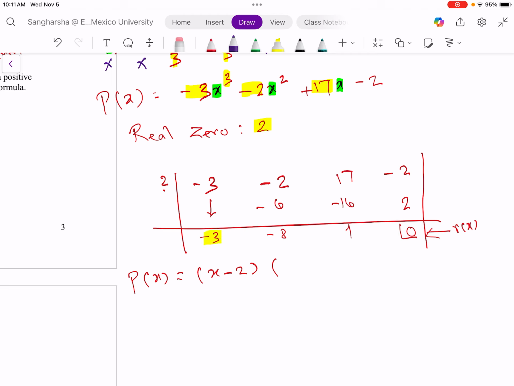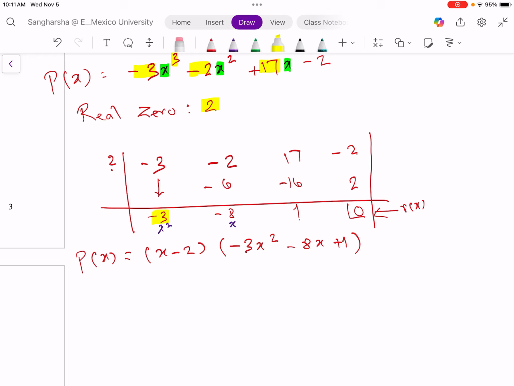So this is the coefficient of x square, this is the coefficient of x, and this is the constant. So our quotient is negative 3x square, negative 8x, positive 1. We have our p of x in factor form.